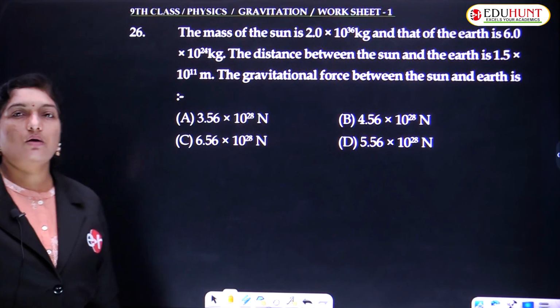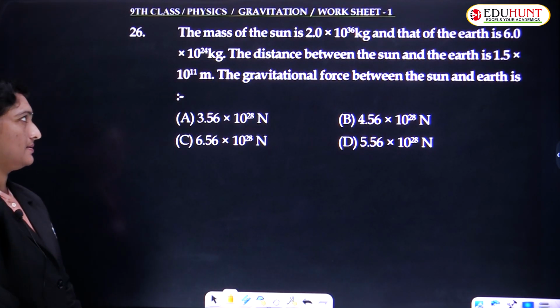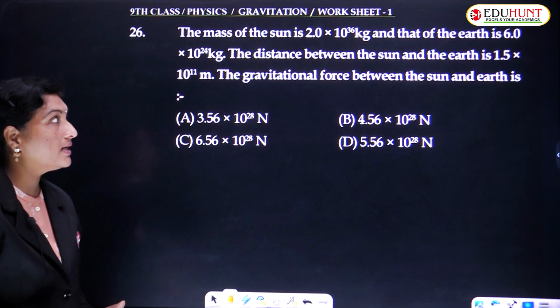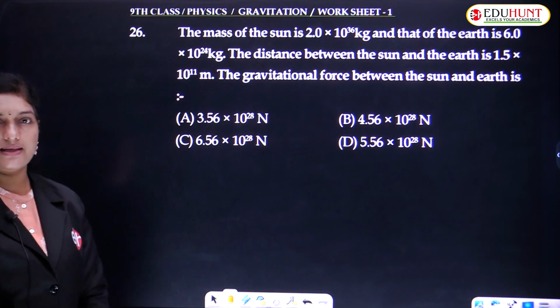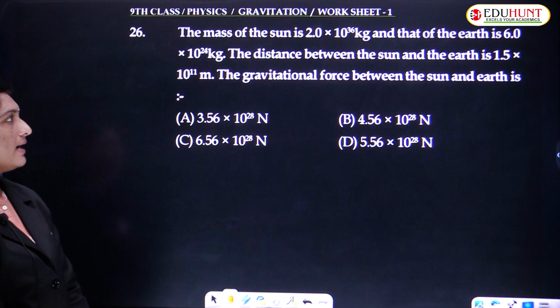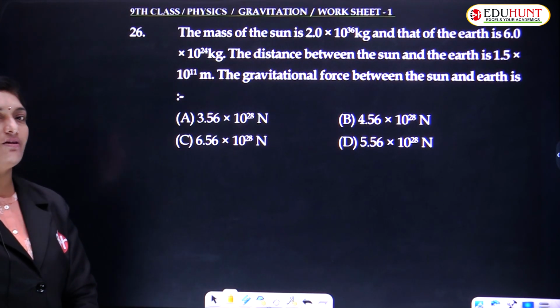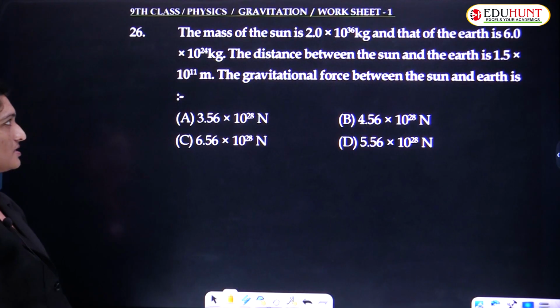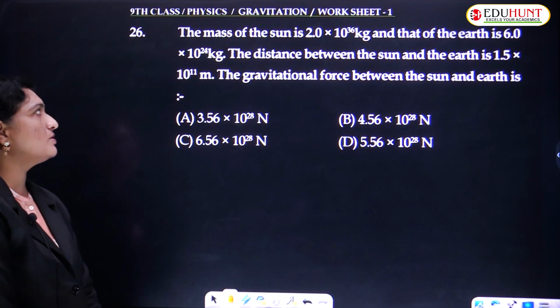So, let us now look at the next question, that is question number 26. The mass of the sun is 2 into 10 power 36 kg. Now, one body was given as sun, whose mass is given, and that of the earth as 6 into 10 power 24 kg. Remember the value of earth as 6 into 10 power 24 kg, children. The distance between the sun and the earth is 1.5 into 10 power 11 meters.